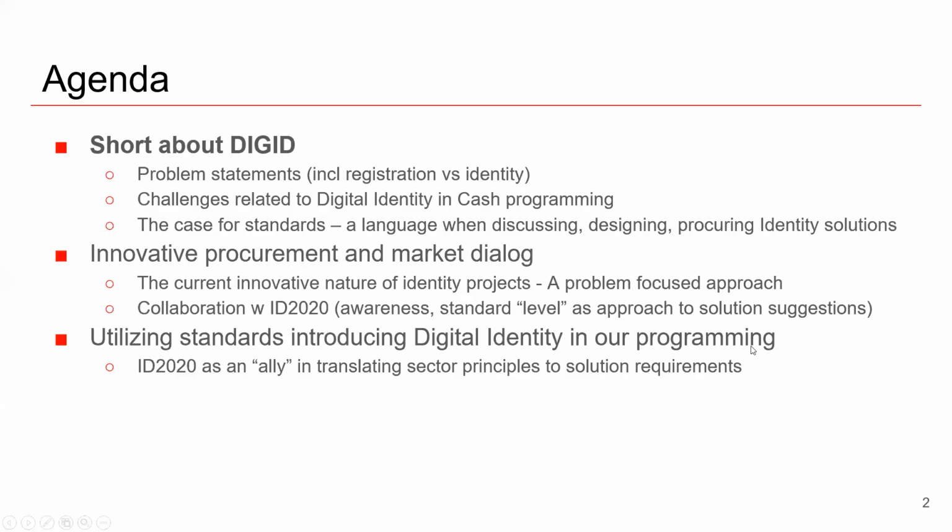First, shortly a little bit about the project, Digit, then a look at what we've done with what's called an innovative procurement process and market dialogue, and then how to utilize standards introducing digital identity in our programming, using then ID 2020 as an ally in translating our principles to requirements.